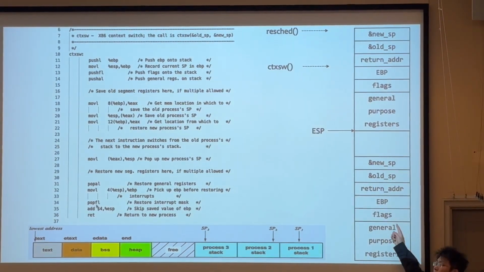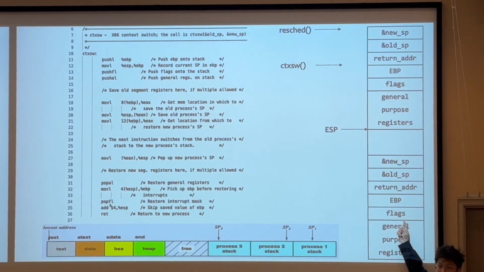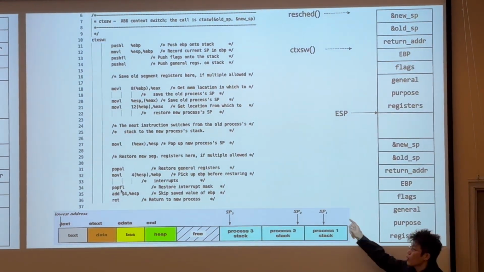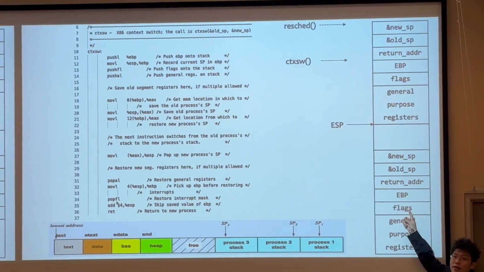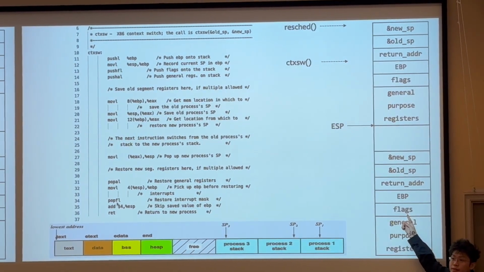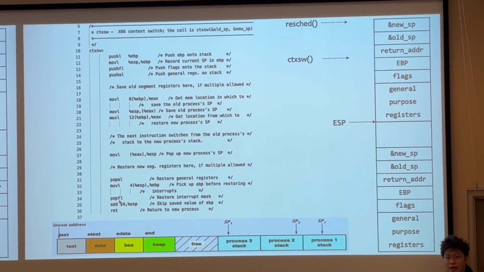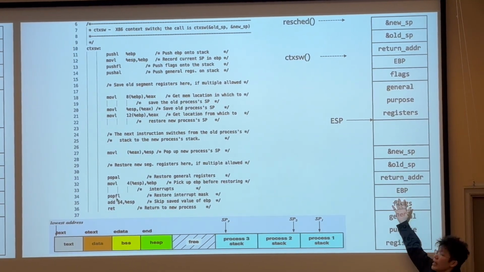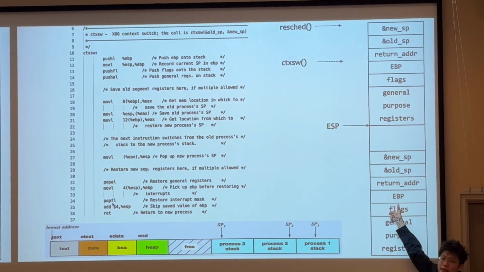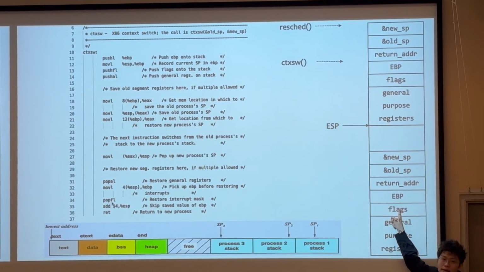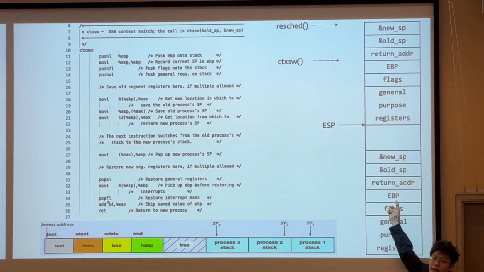But the special case is that when a process is created, its interrupt flag is actually enabled. So if you are switching in such a process, this flag here is interrupt enabled. And if you pop these flags, it will override your interrupt flag and make it enabled. And if a hardware interrupt or a timer interrupt happens at this point in time, right after you pop these flags and enable the interrupt, then it would crash.